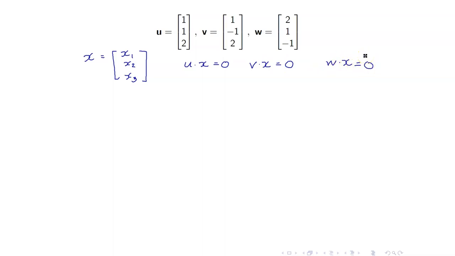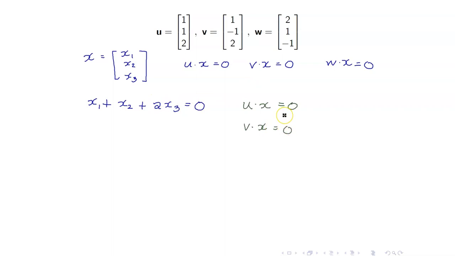I will do first the long method, and then I will show you how the theorem works, so that you will really see that W perp is equal to the null space of A transpose. We will form our A later. So let us look at U dot x. U dot x means that x1 plus x2 plus 2x3 is equal to 0.